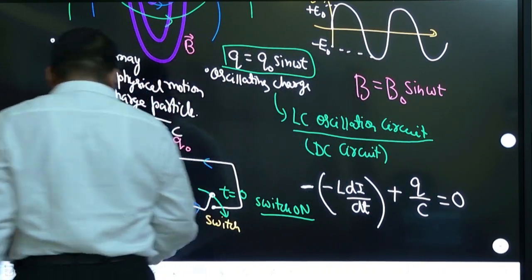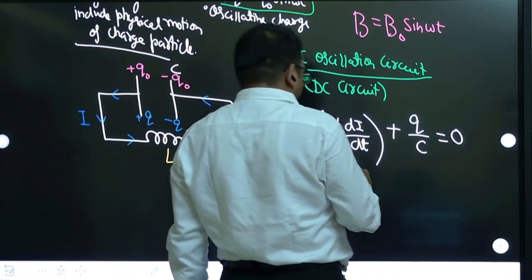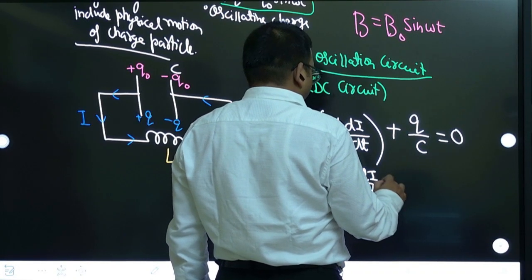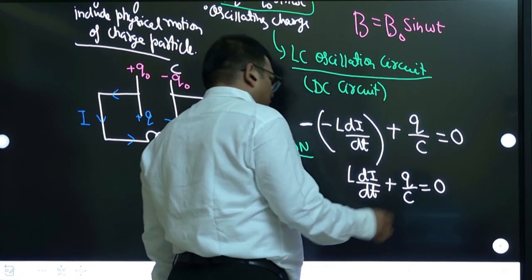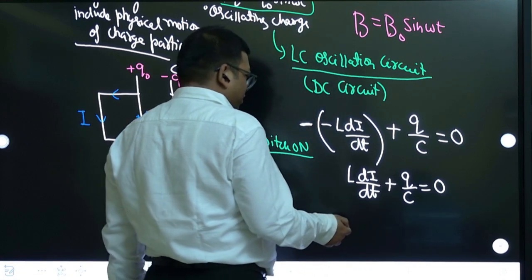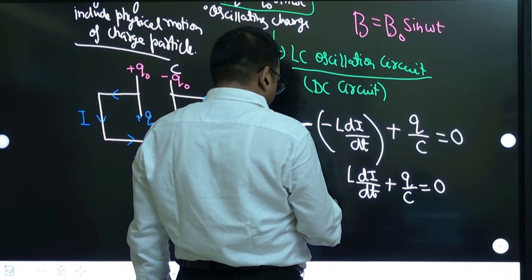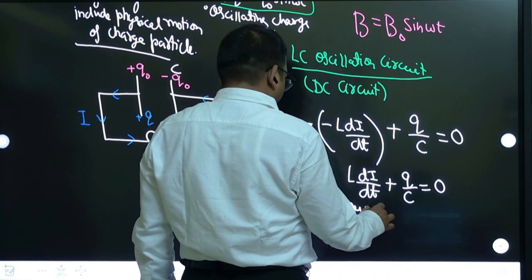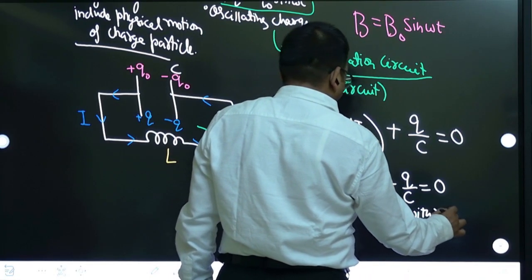So from here what do you get? Here you get L di by dt plus Q by C is equal to 0. Let us differentiate it one more time with respect to time.